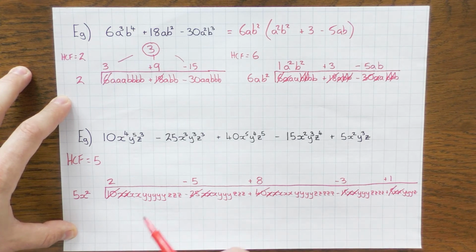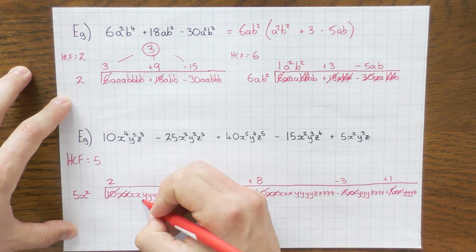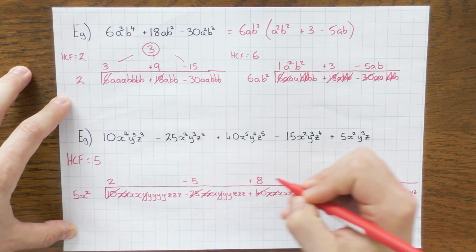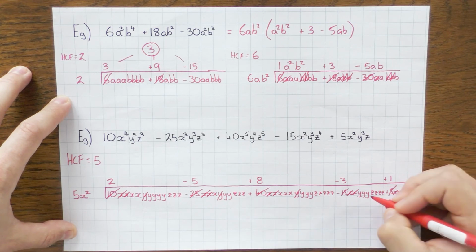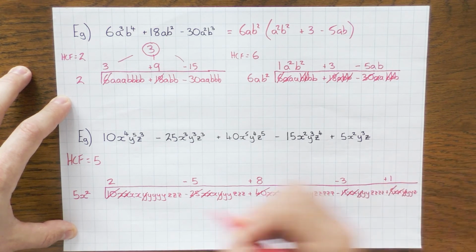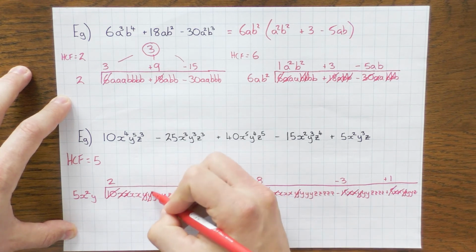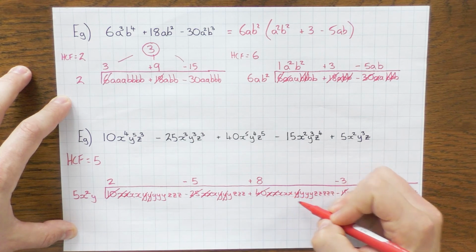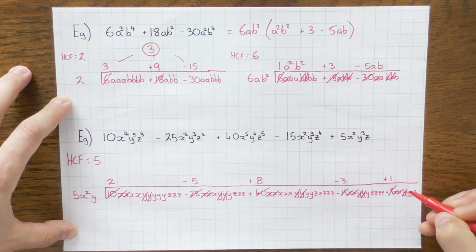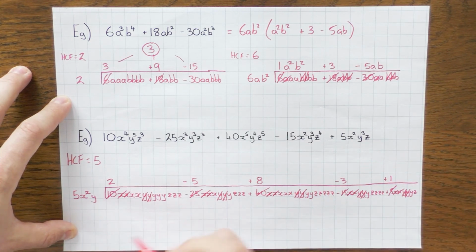So let's have a look for the y's. Y there, y there, y there, y there, and y there. So yes, I can take one out. Just make sure I cross them all off so I don't get any repeats. Got another one there, another one there, another one there, another one there, and another one. So that would be y squared, but be careful, because can you take another one out?